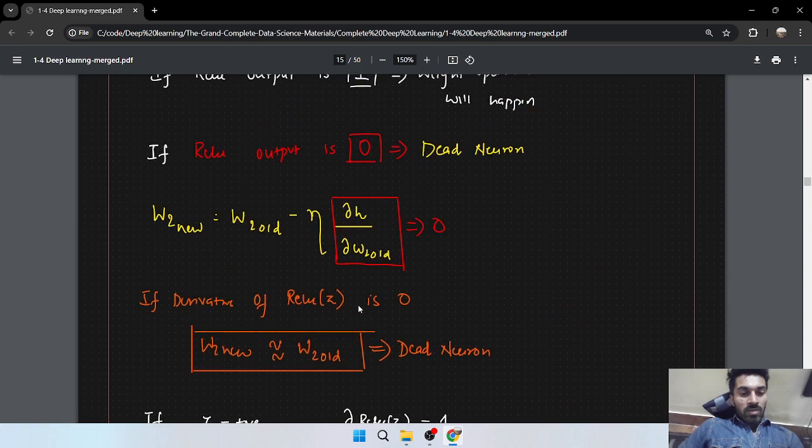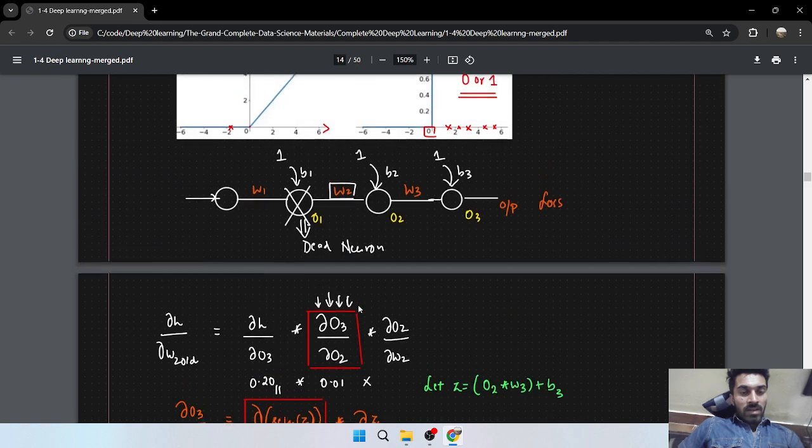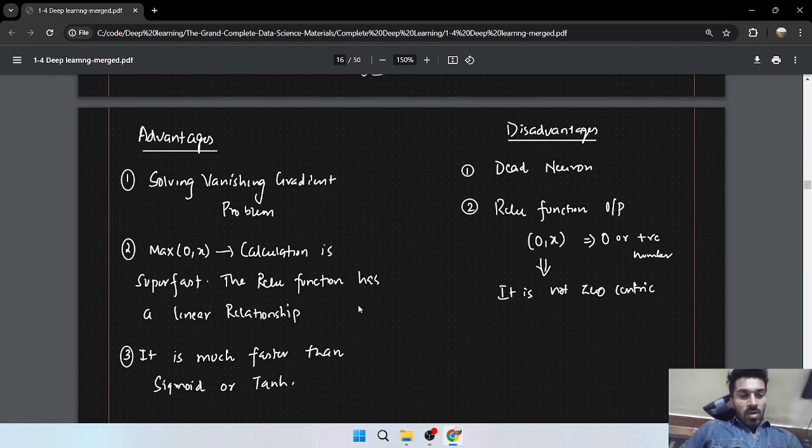So now coming to the advantages and disadvantages of ReLU. It solves the vanishing gradient problem, because now the weight will either update or not update only. It will not be 0.0-something like that. The formula is max of 0 comma x.